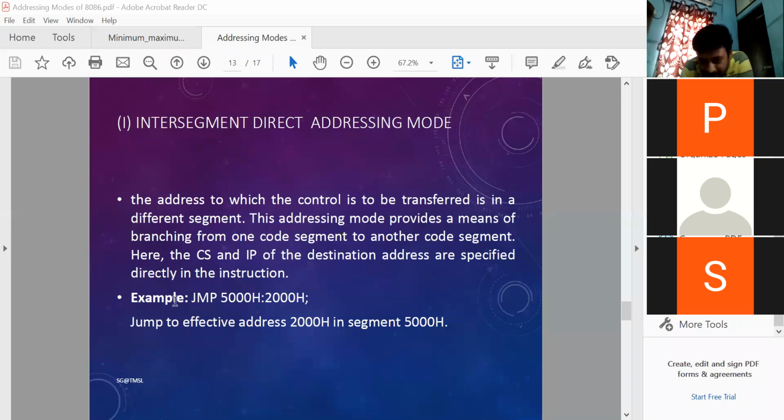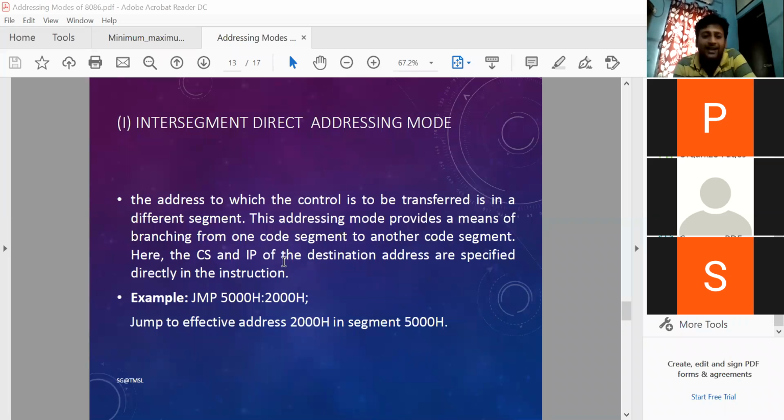So your segment is changed from 3000 to 5000, and the offset will be changed as 2000. Clear? This is the direct addressing mode where your segment address and offset address are given, and it is always given using this type of representation: 5000 is to 2000.